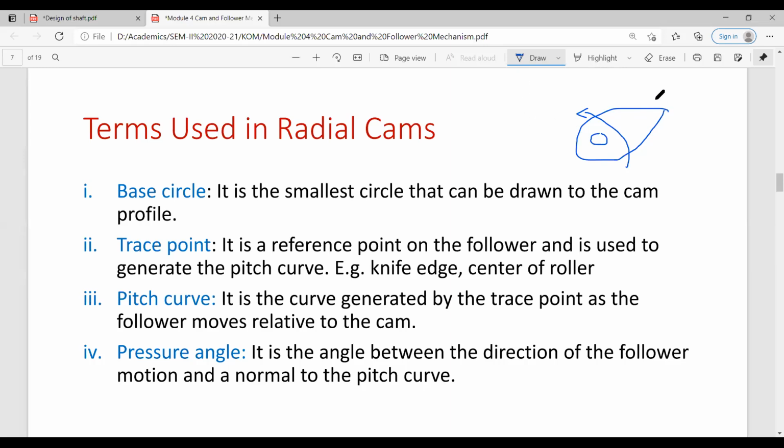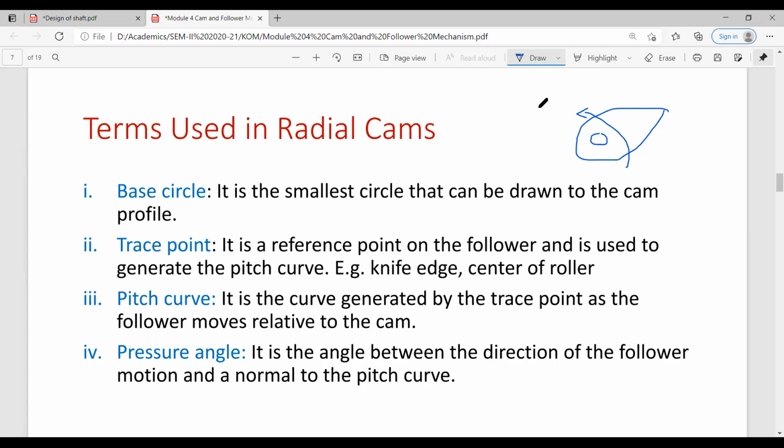So it all depends on what? It also depends on the geometry of the cam surface. In the numericals on this topic, cam and follower, you are asked to draw this cam profile so that the follower will have a particular kind of motion.